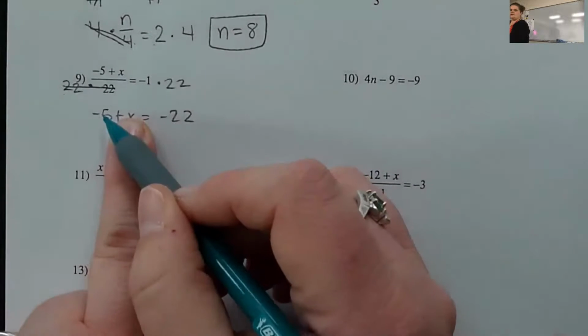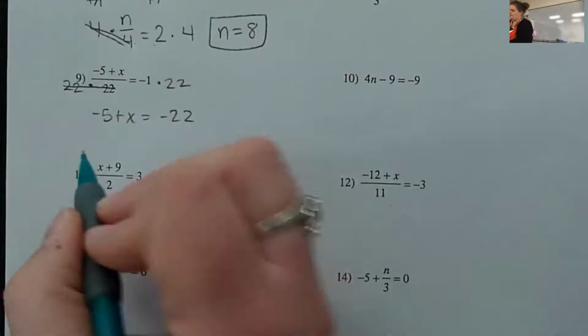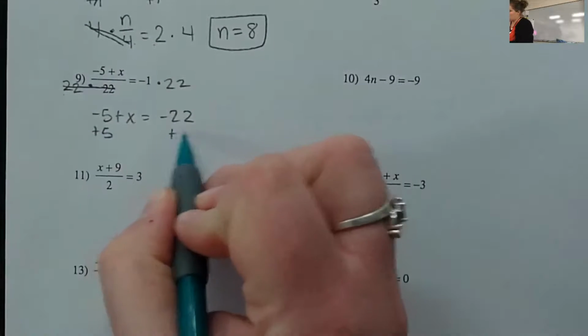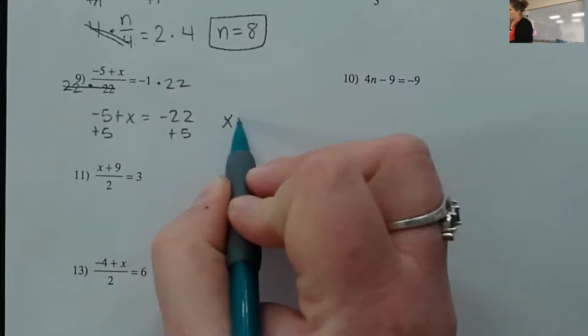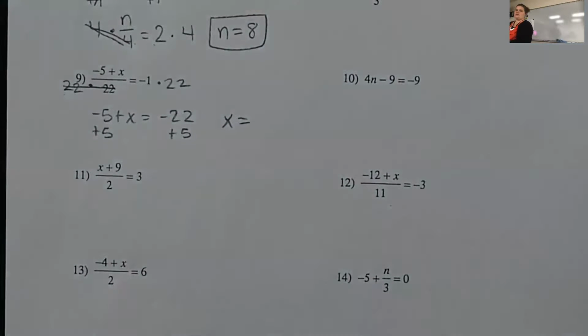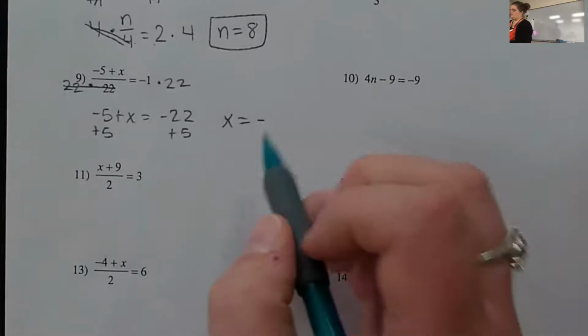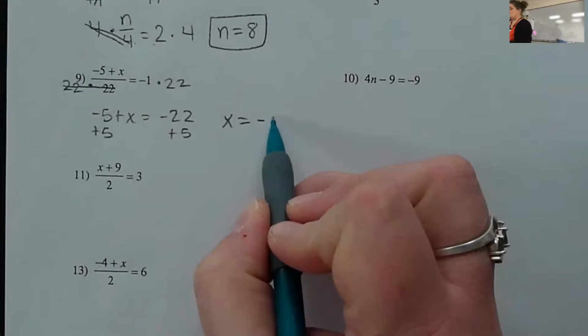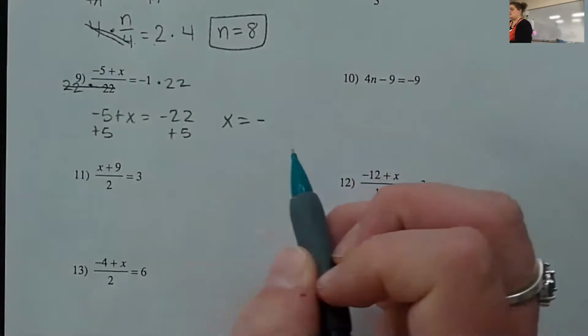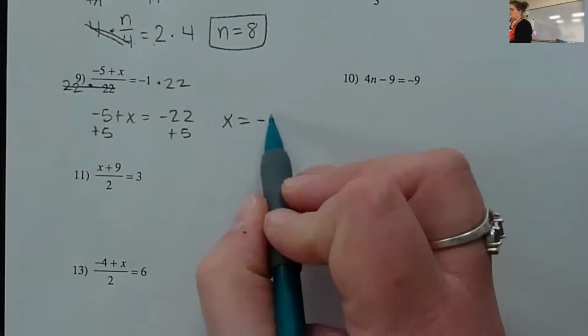How do I get rid of this negative 5, or this minus 5? I add it. So x equals, what's a negative 22 plus 5? Go ahead and use your calculator if you need to. It's still negative, but you're really subtracting. So negative 17, yep.